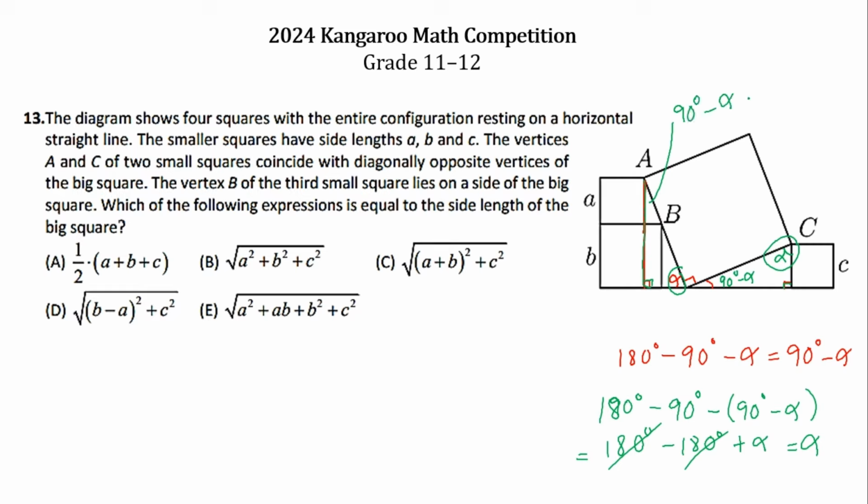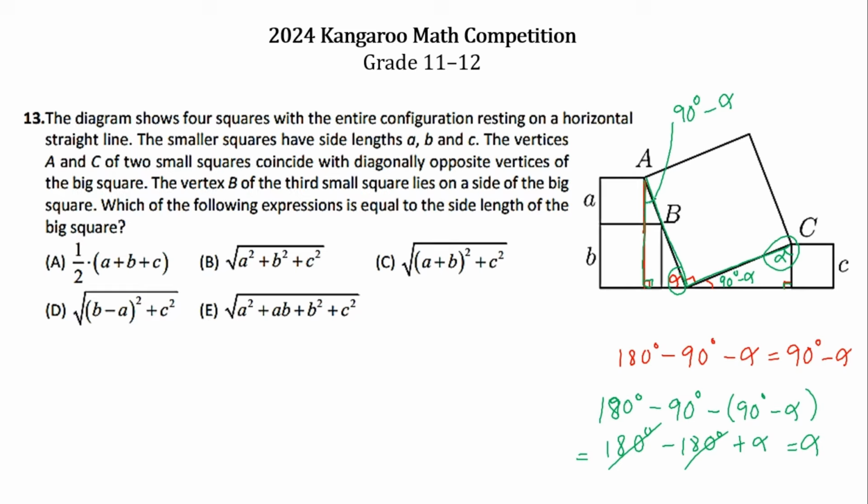Now, since in a square all sides are equal, this segment must be equal to this segment. So what does this tell us? This tells us that the two triangles are actually congruent by ASA congruence theorem, right?